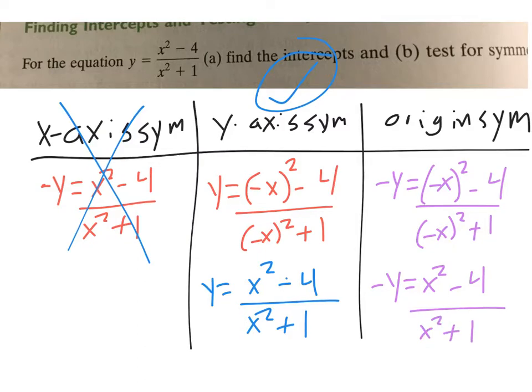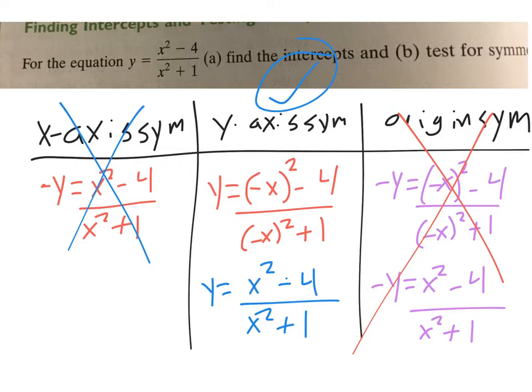But what's the problem? This side looks the same, but now the left side doesn't. It's got a changed sign. So that means that it is not symmetric with respect to the origin. So the only symmetry that exists is with the y-axis.